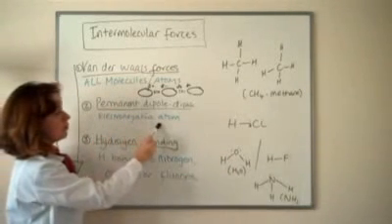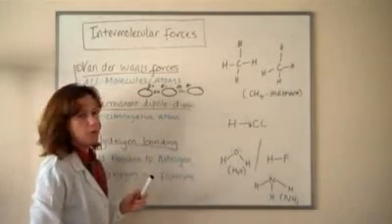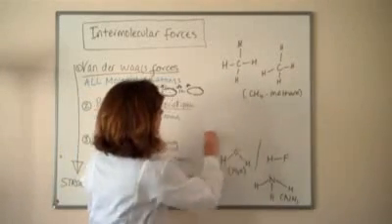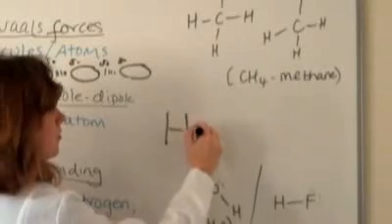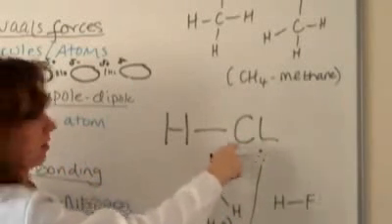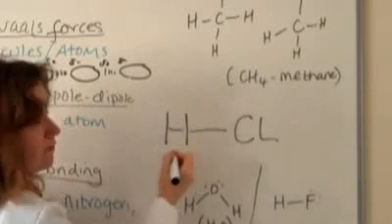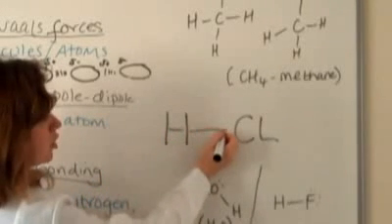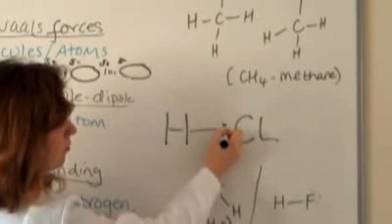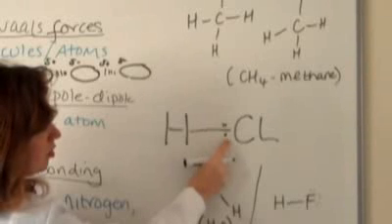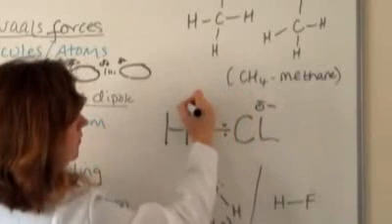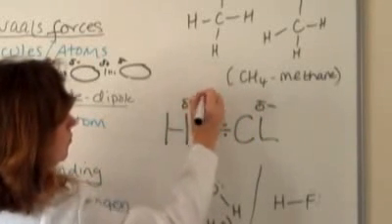Whereas with permanent dipole-dipole, a great example is HCl. I draw it up here again. You've got to have an atom which is more electronegative than the other. Chlorine is. Remember your definition of electronegativity: the relative attraction that an atom has for the bonding electron pair in that covalent bond. So the bonding pair will sit closer to the chlorine because it's more electronegative than the hydrogen, and you set up this charge here.